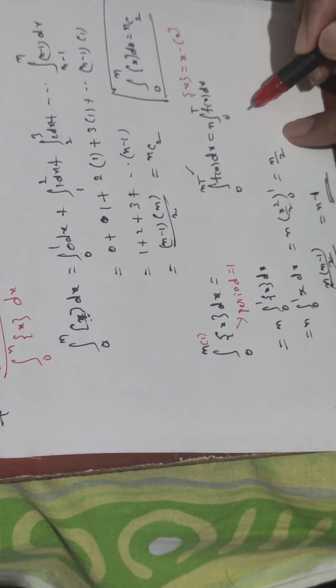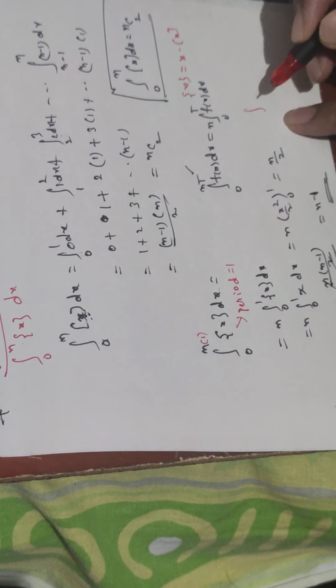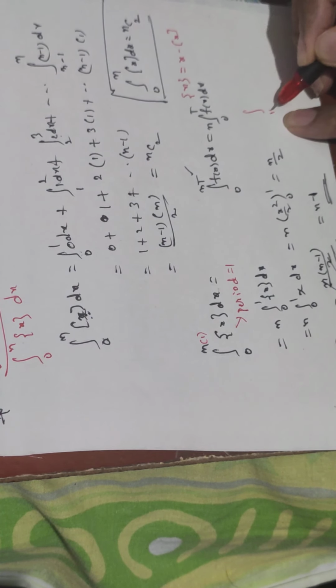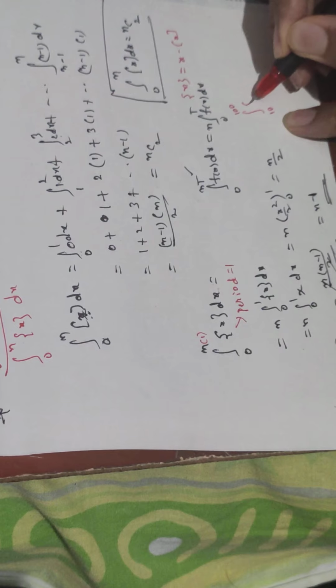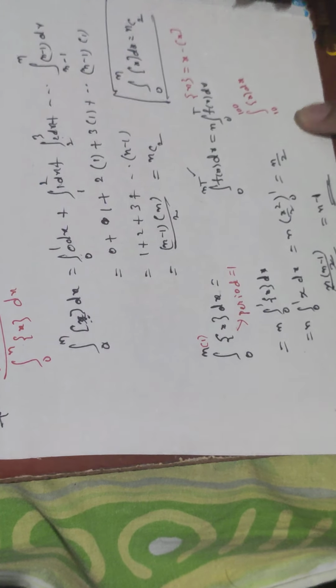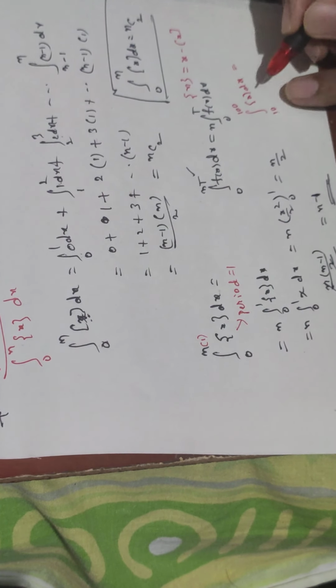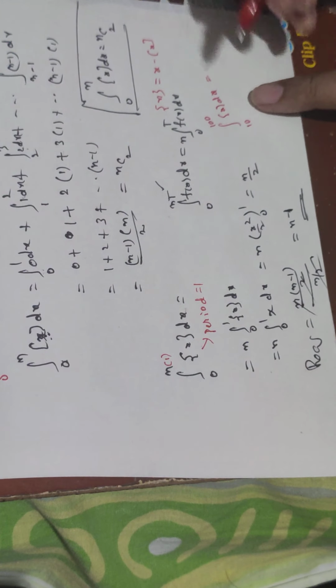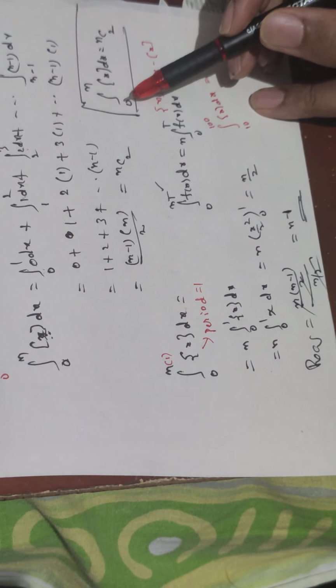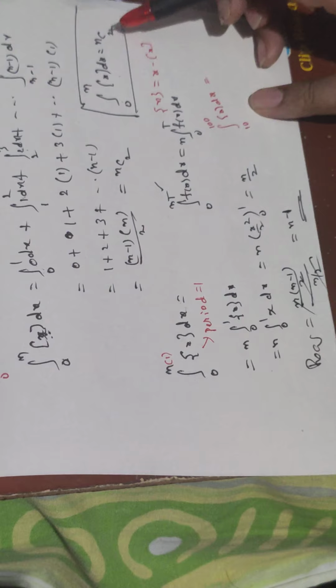Suppose sometimes you want integral 10 to 100 step of x dx. How to evaluate this one? Here there is no need to split the interval at integers 10 to 11, 11 to 12 like that, as huge values are given. So in this case we can convert the interval into a known form. What is the known formula? Integral 0 to n step of x dx equals nC2.